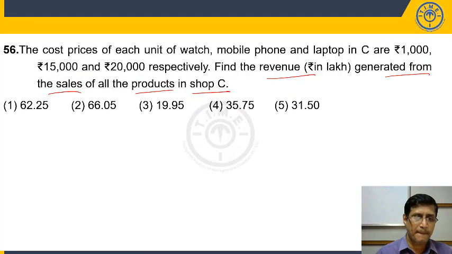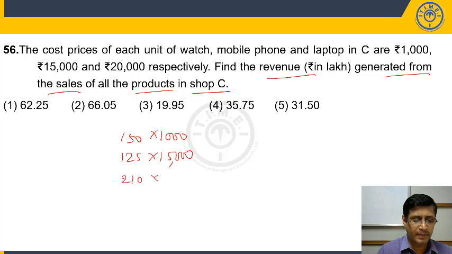Just multiply. So 150 into 1000, and next 125 into 15,000, and 210 into 20,000.